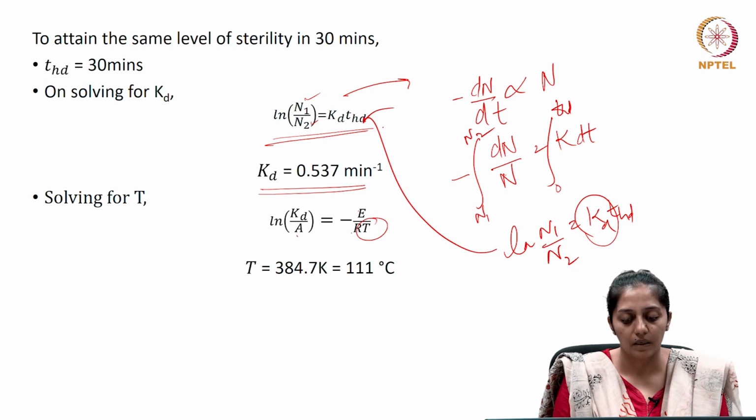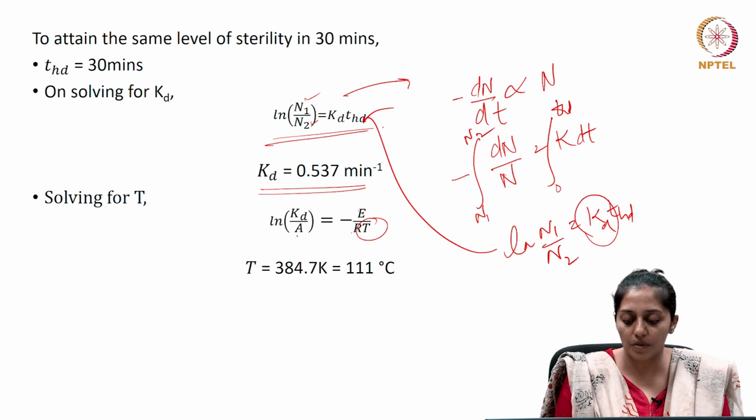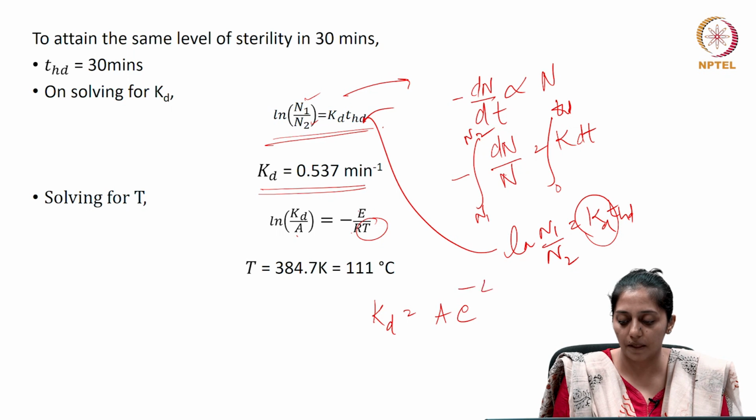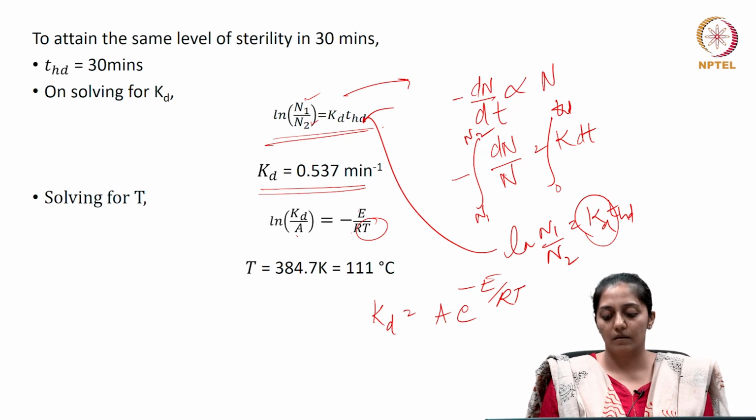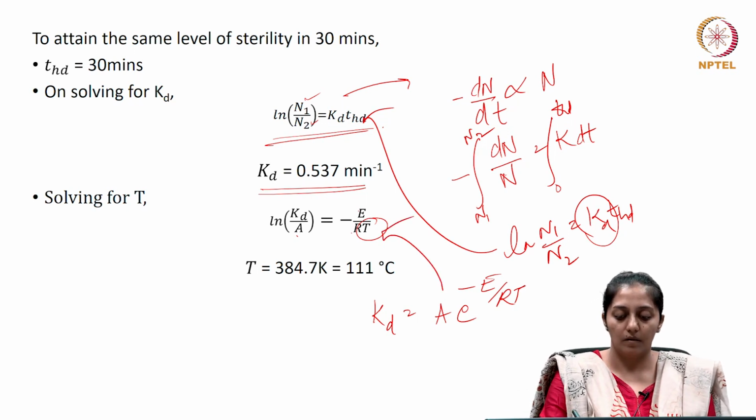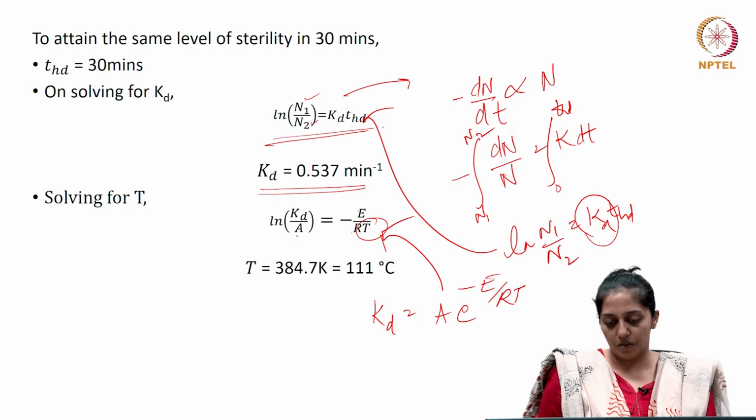A is given, so we can find it using the Arrhenius equation. What was the Arrhenius equation? Kd is equal to A e to the power of minus E by RT. So, this is how we can calculate the temperature.